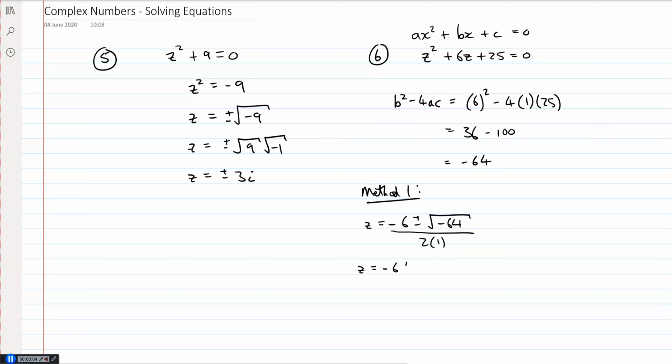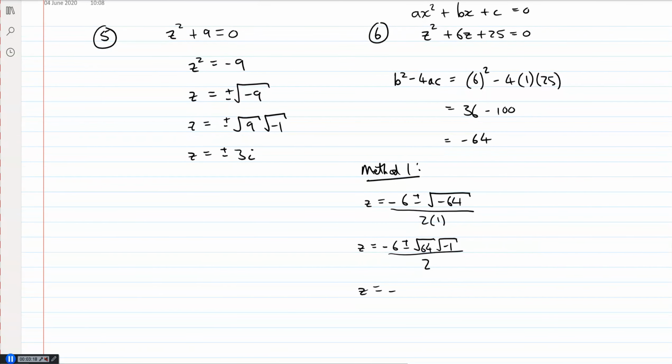So we get minus 6 plus or minus root minus 64. We can write that as root 64 root minus 1, and hopefully you're getting a bit more familiar with that. So here we get minus 6 plus or minus 8i over 2. Minus 6 over 2 is minus 3, 8 over 2 is 4.